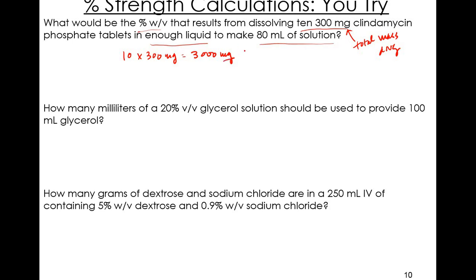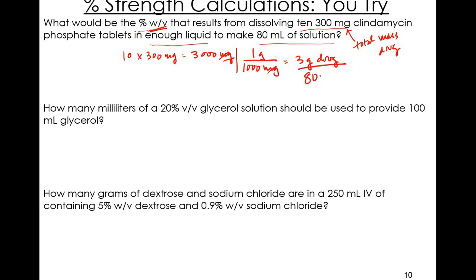This is in milligrams. We know that percentage strengths use grams as the default unit for mass, and so we have to divide by 1,000 milligrams in each 1 gram. So 3 grams total of the drug.